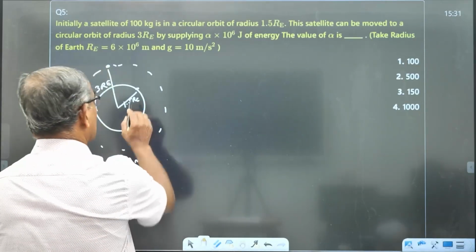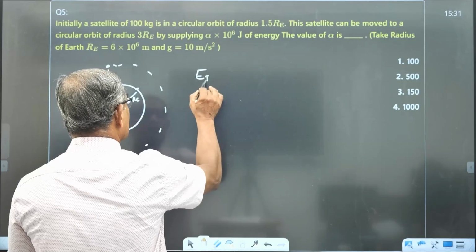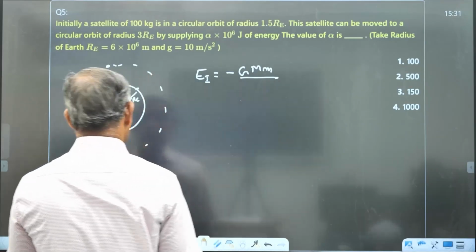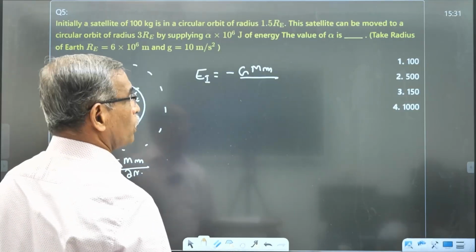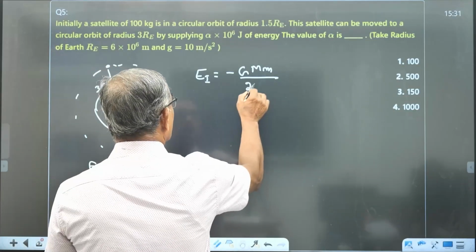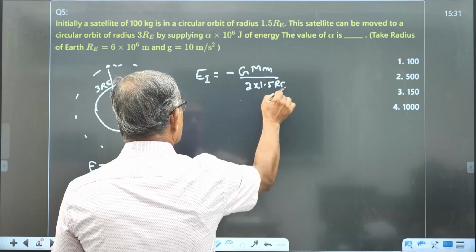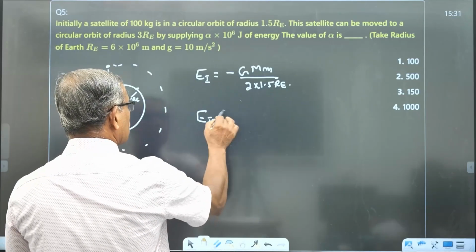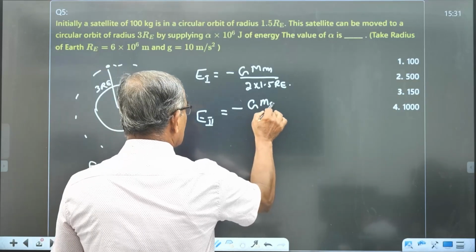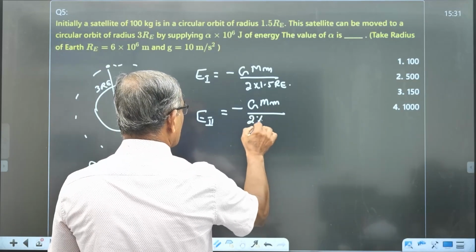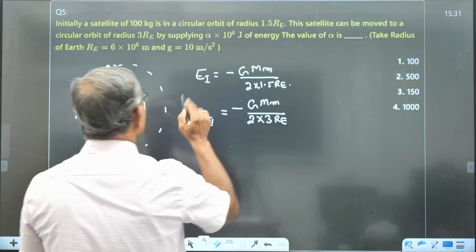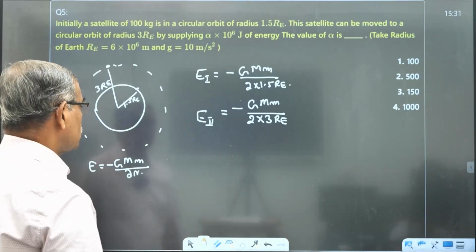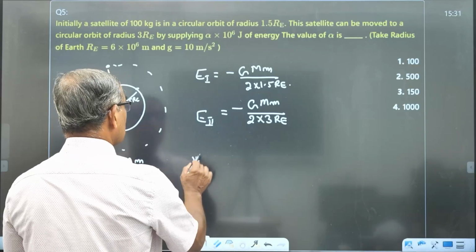Therefore, in the first case, the energy E1 is equal to minus G M m by 2 into 1.5 R, where the radius of the orbit is given as 1.5 R. The energy in the second orbit is given by minus G M m by 2 into 3 R. Now the question is, what is the work done?